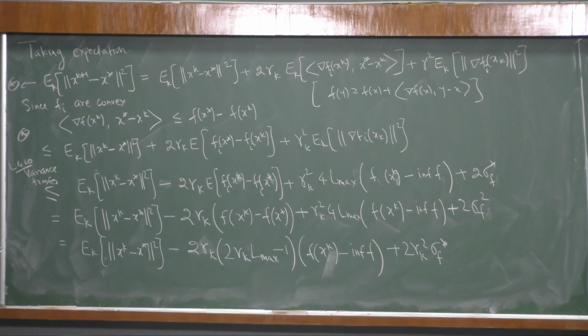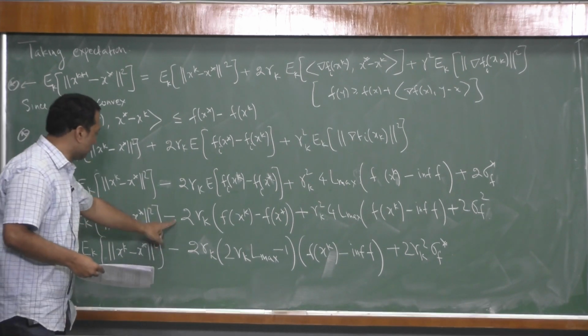Okay, everything is correct. So I should have 4 gamma k square L max, which I see. Okay, why did we have minus, right? There is a minus thing going on here. So there is a problem with the minus sign.